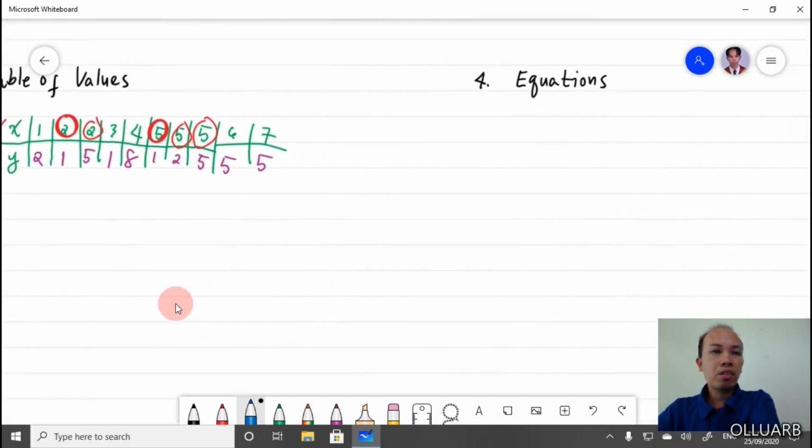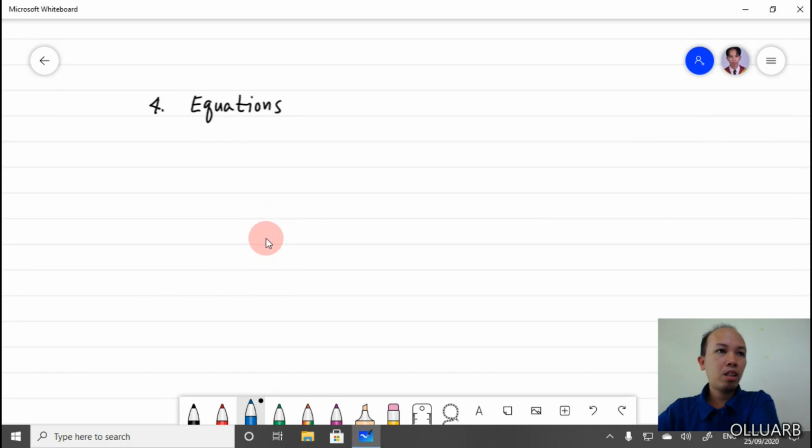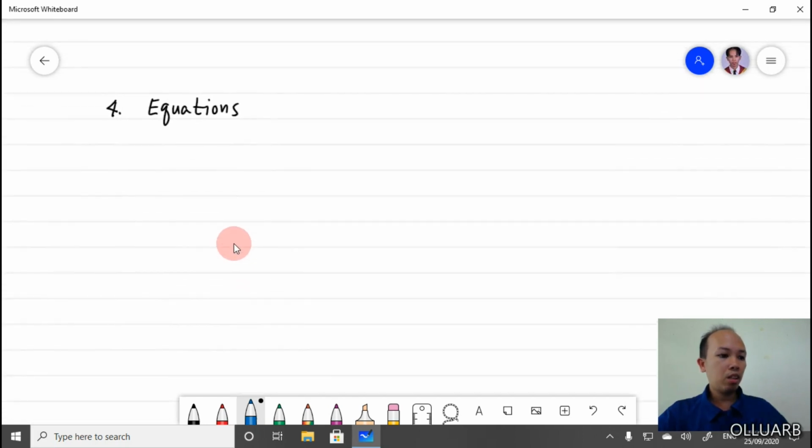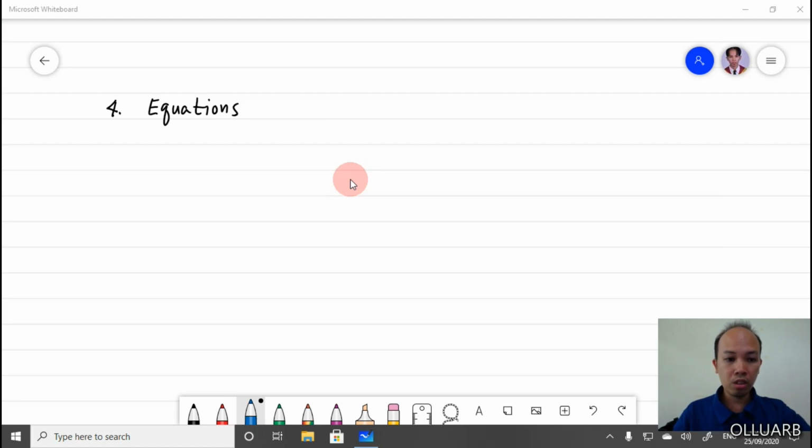Okay, so for now, let me formally discuss the idea of equations. In using equations to describe relations or functions, one must be cautious here, because this topic is really hard to understand.